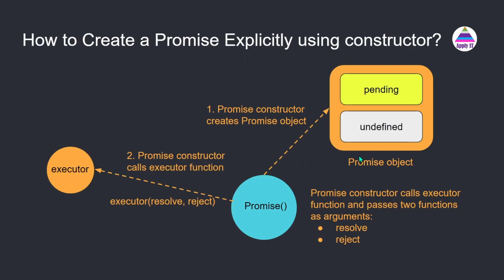So whenever we call this Promise constructor, it will create this promise object, then it will call the executor function. Immediately after calling the executor function, the Promise constructor is going to return this promise object. So you can see that the state would be pending and the result is not defined, and later on the result will be placed in it once the executor function has performed the asynchronous operation and the result is available.